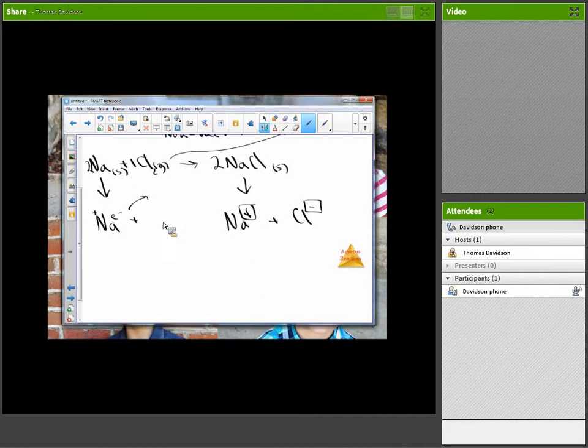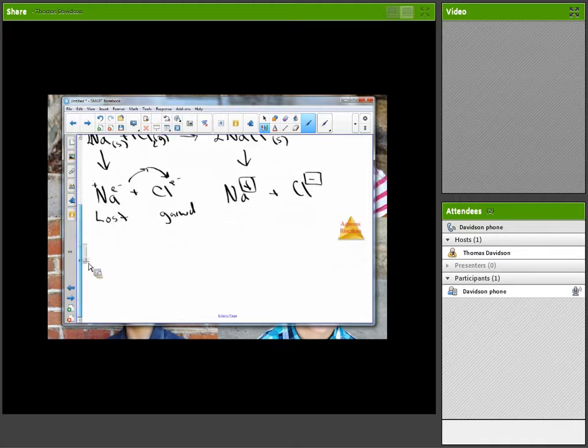All right, well, how did the chlorine become chloride, or how did it gain an electron? It took that electron that sodium didn't want in the first place. So this lost and this gained, or we're going to introduce some words. Sodium was oxidized and chlorine was reduced.